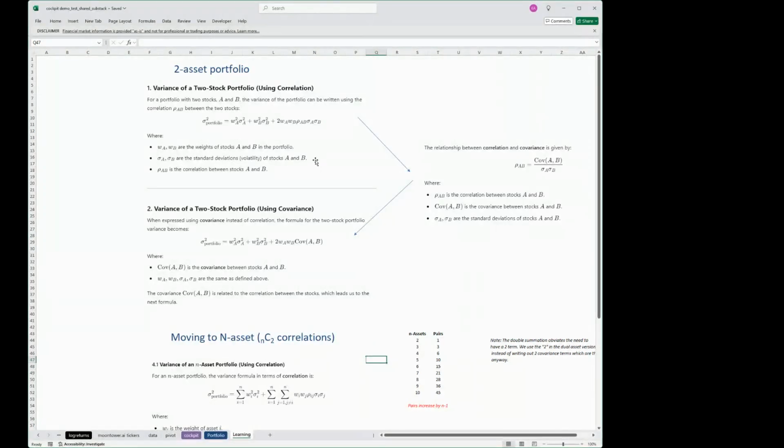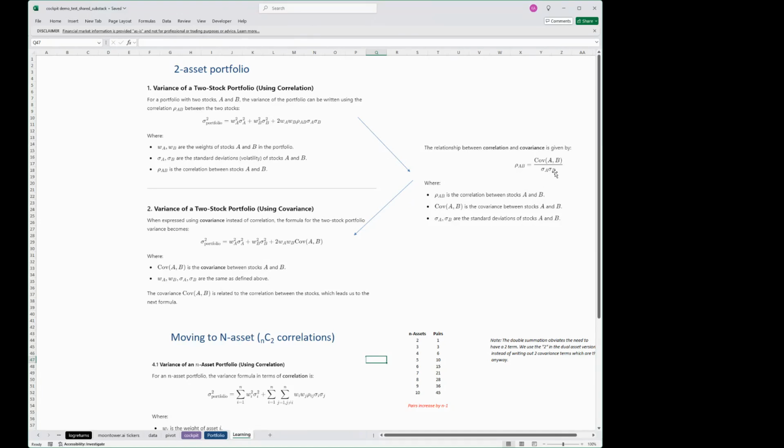Well, we're going to work in variance space, covariance space. So to transform these and get out of the correlation numbers here, we just look at the identity. The correlation of A to B is just the covariance of A to B divided by the vol of A and the vol of B. It's essentially taking the covariance between the two variables and then normalizing by each of their volatilities.